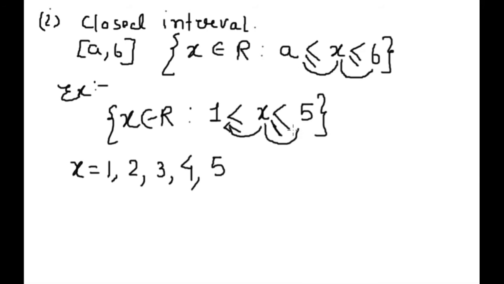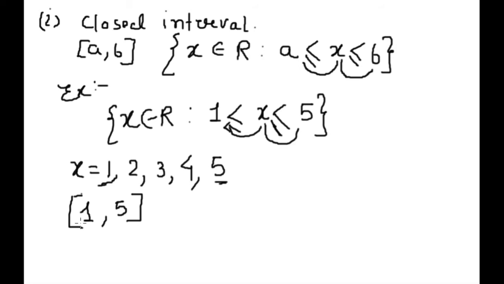It means x includes 5 also. In this case, we can say this is a closed interval because here 1 and 5 are a and b. This is a closed interval.